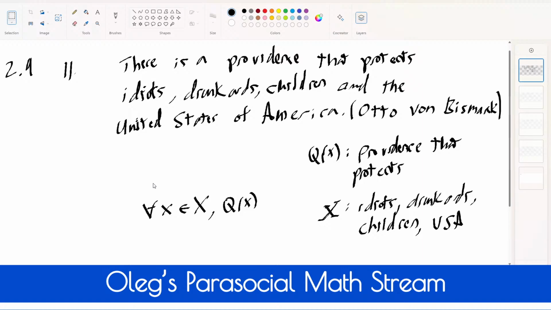Okay, suppose X is a set, and this is the members of the set X. Except I wonder how I want to define this. Okay.